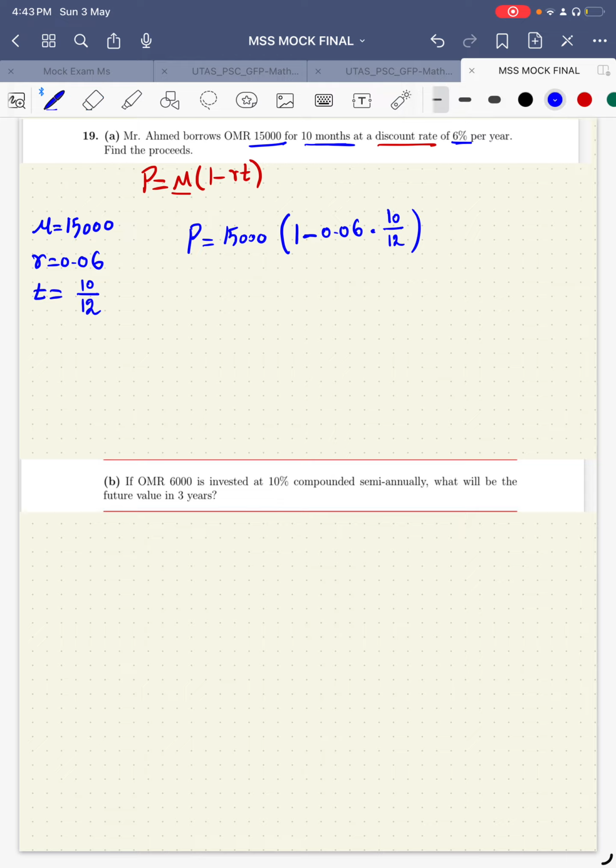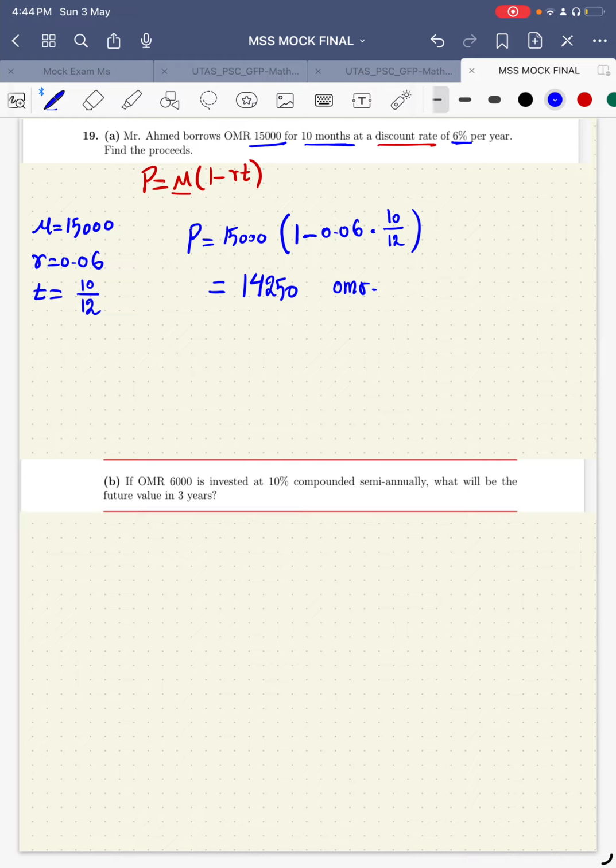Using the calculator again, the answer is 14,250 riyals, from the original 15,000 riyals. So now let's go to the last one.